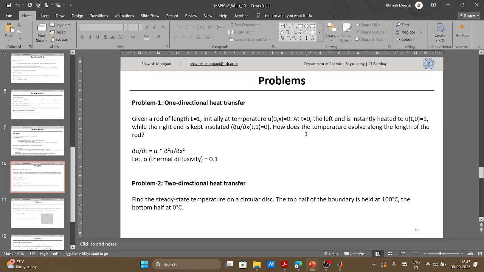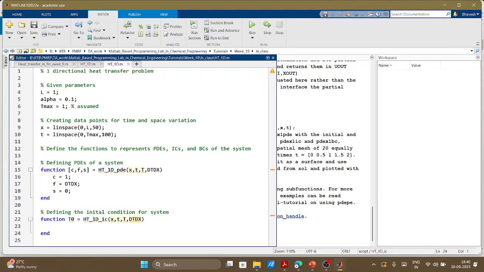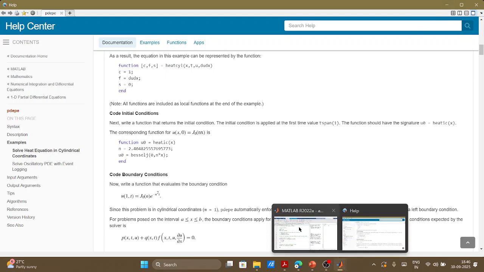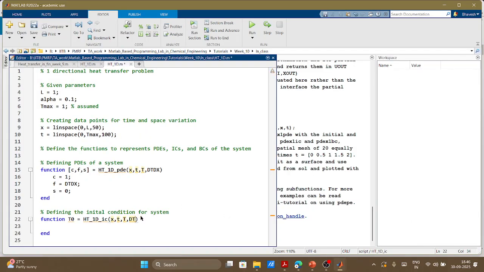It has been given in the statement that initially your rod is kept at 0 temperature, T equal to 0. So all the u0 values at time t equal to 0 are 0. You have to write it just in the form of x. So u0 I can directly write as 0. The rest is not needed; it can be any function. So T0 is 0.